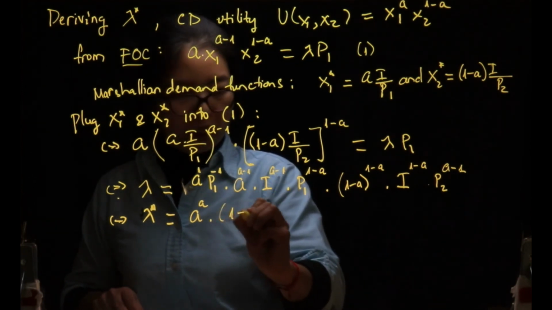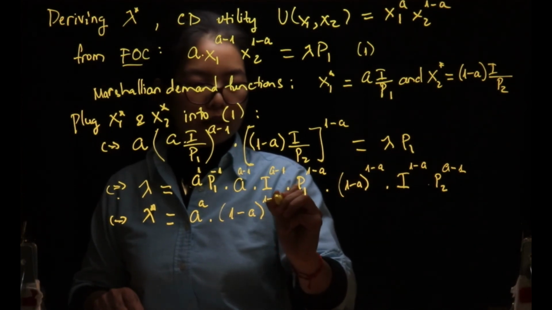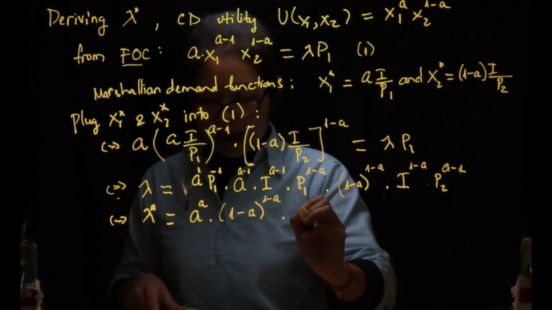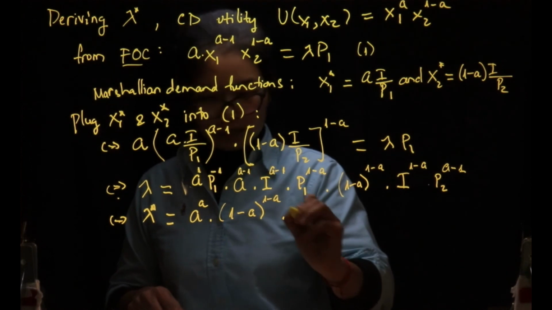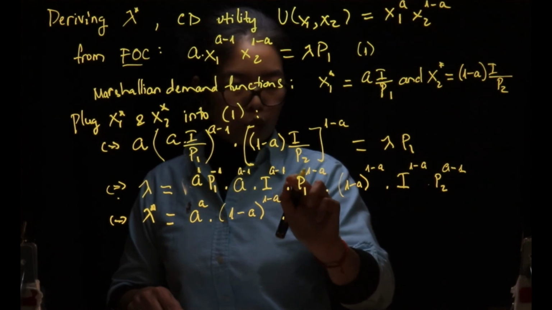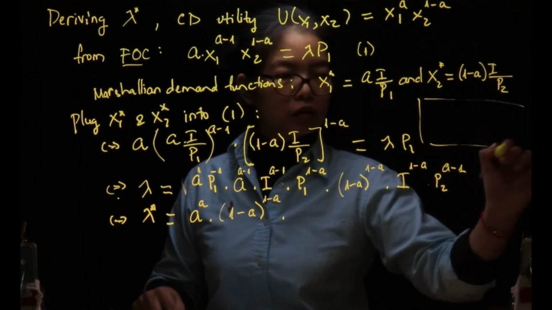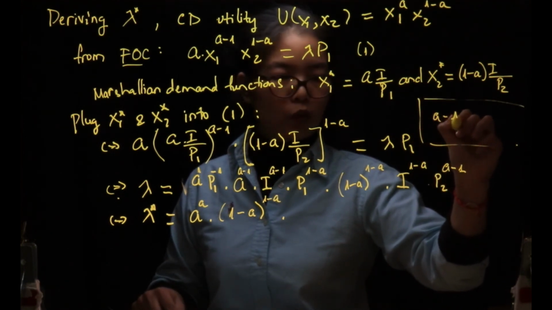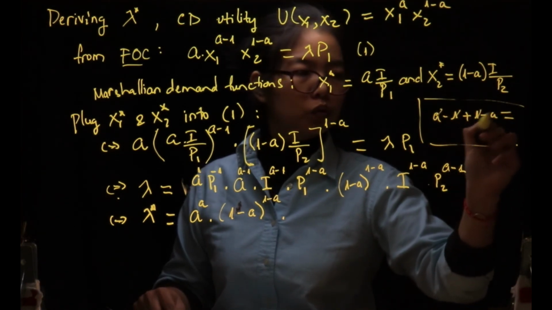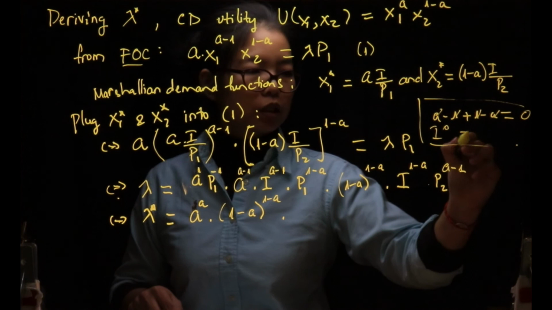So 1 minus a to the power of 1 minus a remains the same. There's nothing to simplify. Now it comes to I to the power of a minus 1 times 1 minus a. Open the bracket again so that the exponent would be a minus 1 plus 1 minus a, which is 0. So I to the power of 0, which is 1.